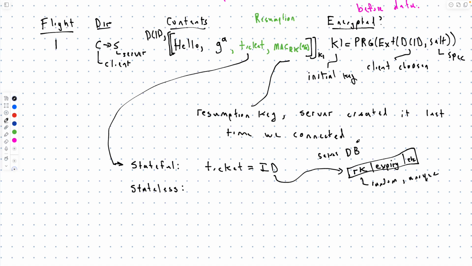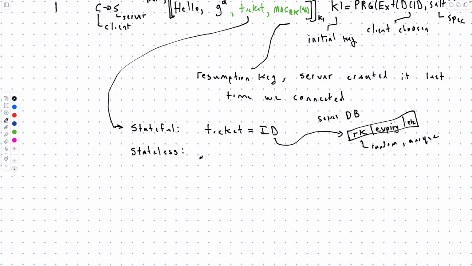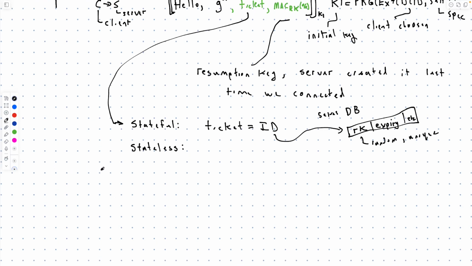So the server can check that I know RK, but it doesn't reveal any information to anyone in the middle. So the MAC is a little different. Normally we use MACs to make sure that nothing was modified. Here we're using it more like a proof of knowledge of this key. Okay, so I'm going to write a note about that here.